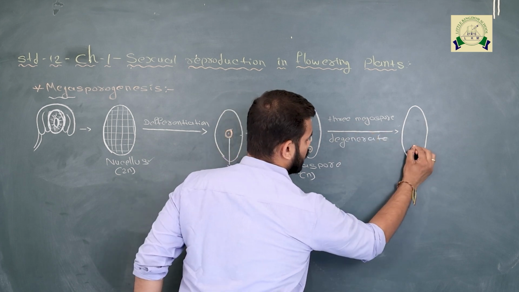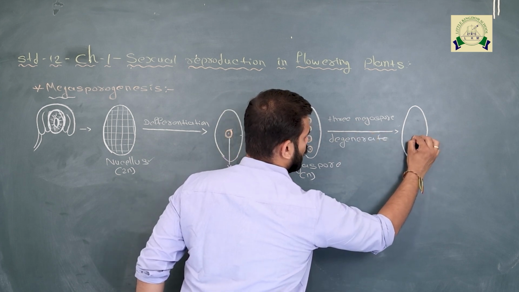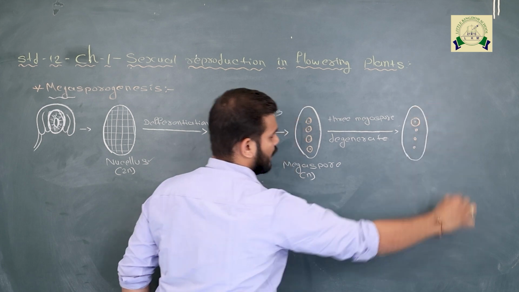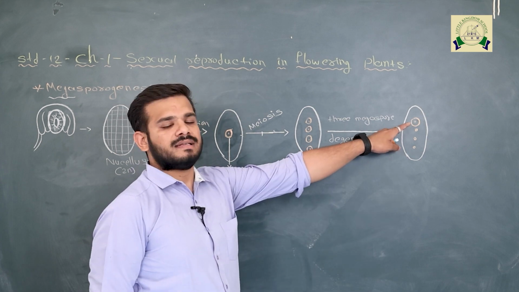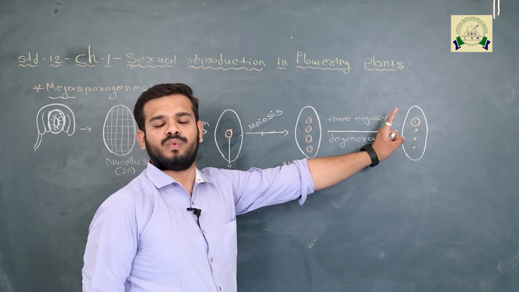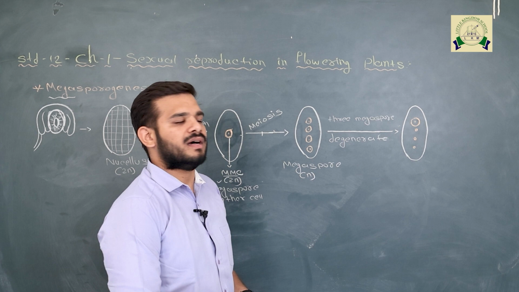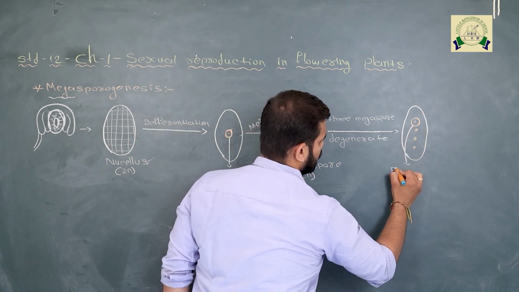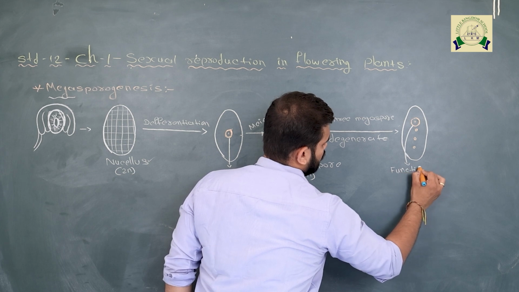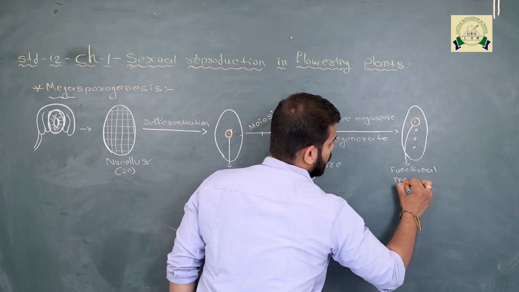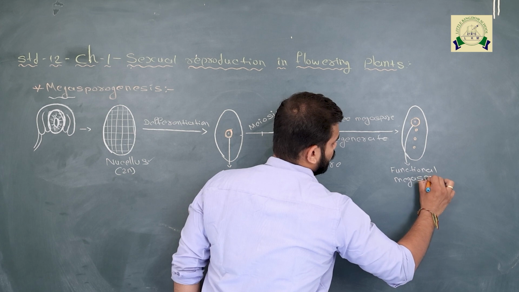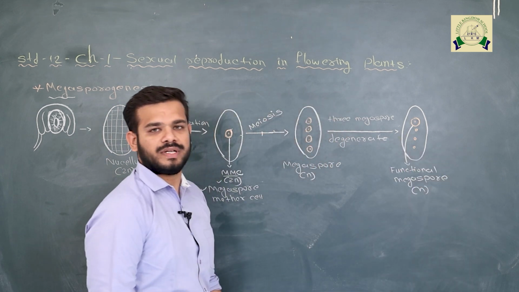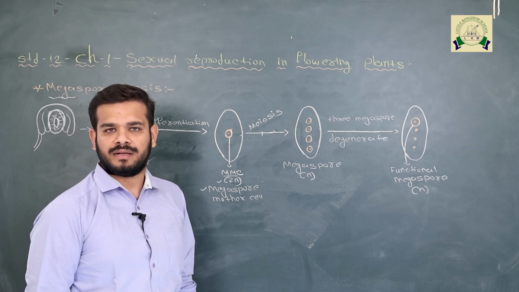Out of 4, 3 megaspores are going to degenerate and 1 megaspore remains alive. And now this single megaspore is known as the functional megaspore. This one is the functional megaspore. And this functional megaspore is also haploid.